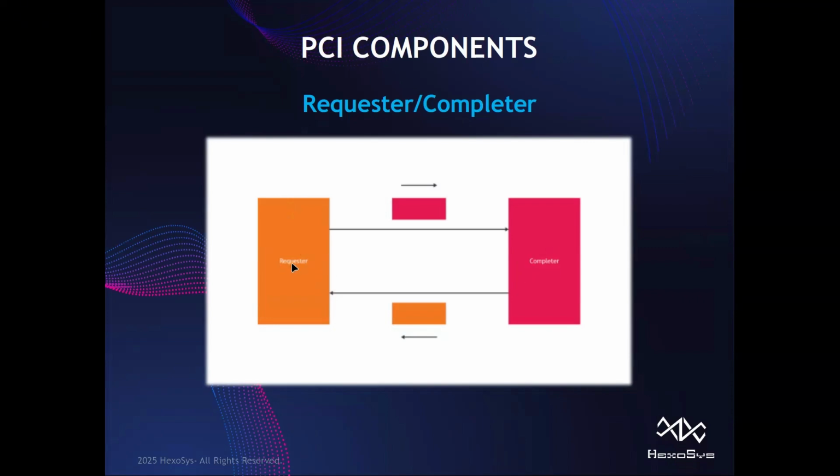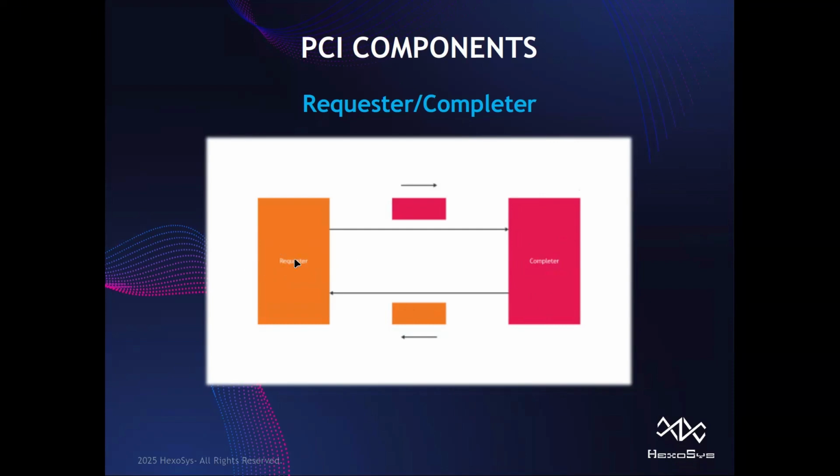The requester is the side of the communication that initiates the request. That request could be a memory read or memory write on PCIe or PCI, or a configuration request. The other side, which provides a response or acknowledgment to that request, is named the completer. So the requester and completer together provide a complete cycle of a transaction, in PCI and also in PCIe.